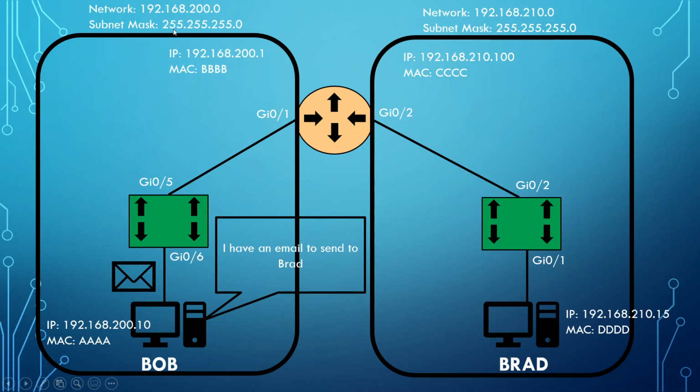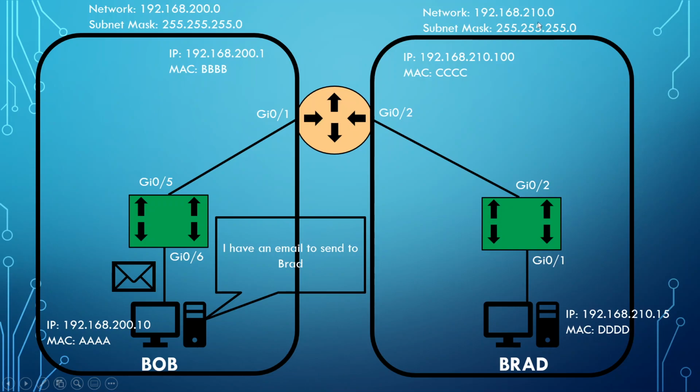If you convert 255 into binary, it's just 8 bits of consecutive ones. So we've got 8, 16, 24 bits of ones. And on the right, it connects to network 192.168.210.0.